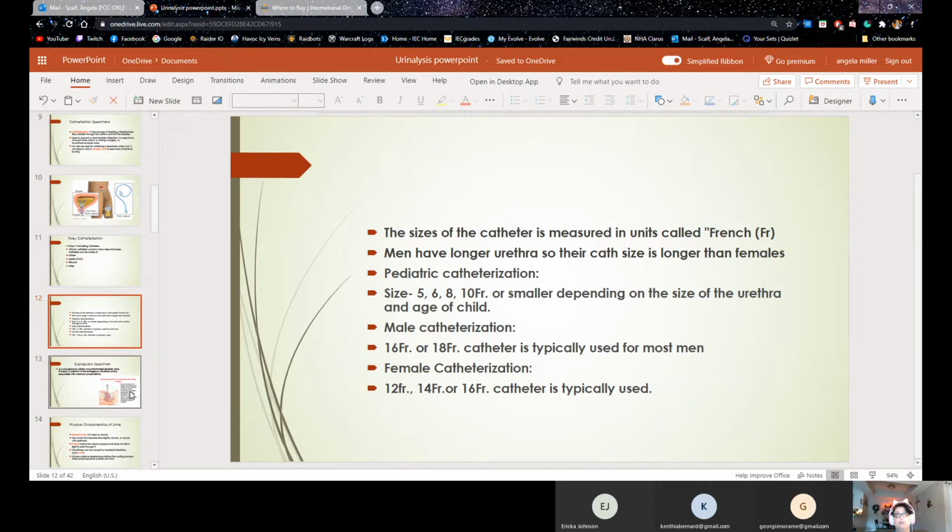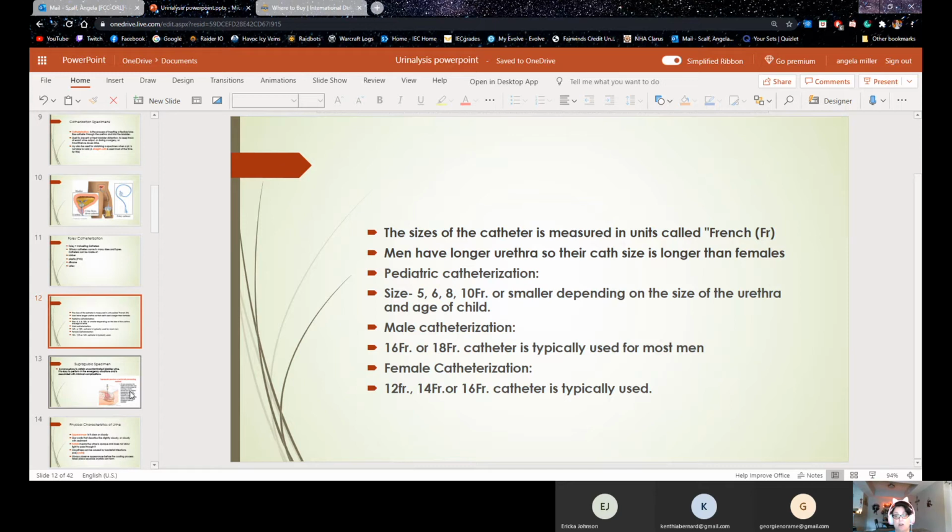You guess which one by eyeing the size of the patient, eyeing the size of the Foley that you have, and seeing what looks like it's going to be the best fit. You're not going to want to put something that is too large into a smaller sized person.